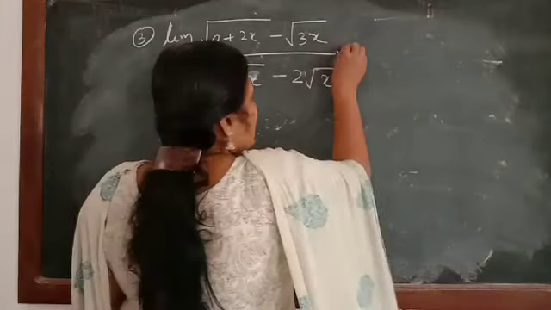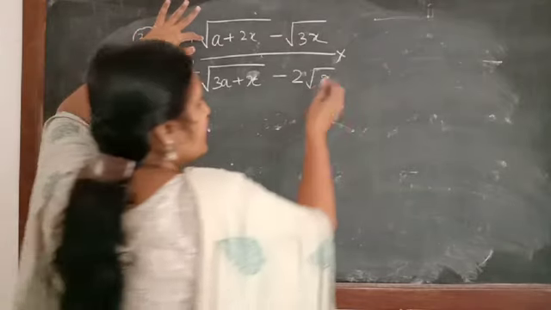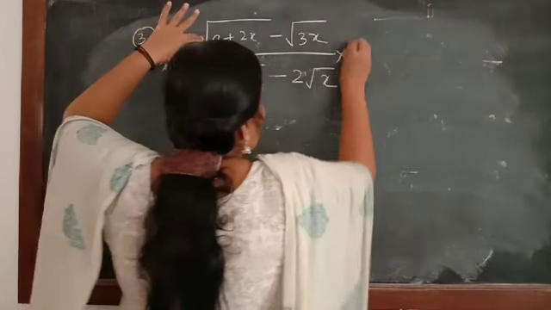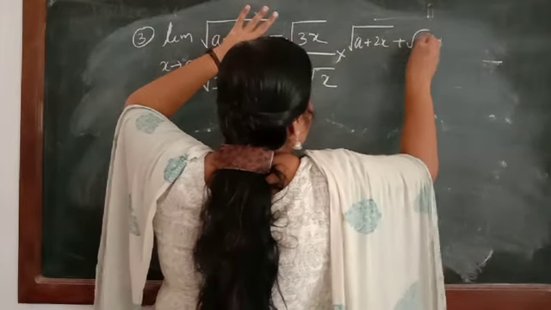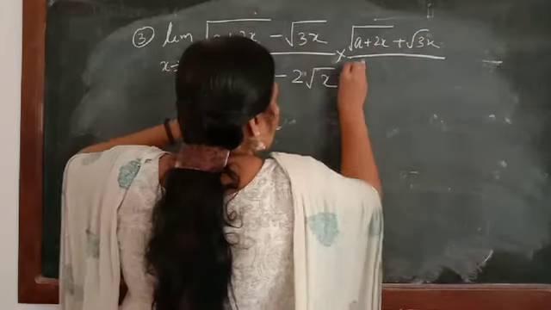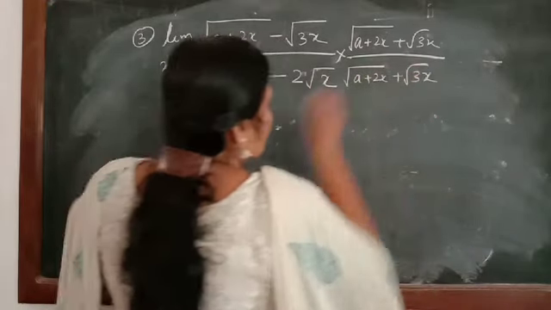So first, to rationalize the numerator, what will we do? We will multiply both by square root of a plus 2x plus root 3x by square root of a plus 2x plus root 3x.